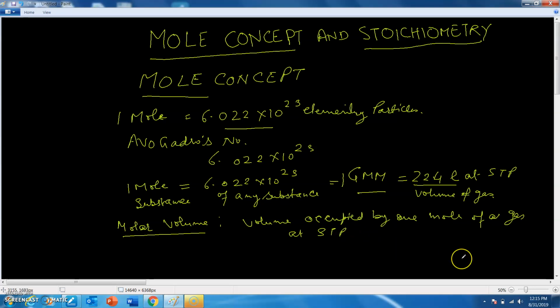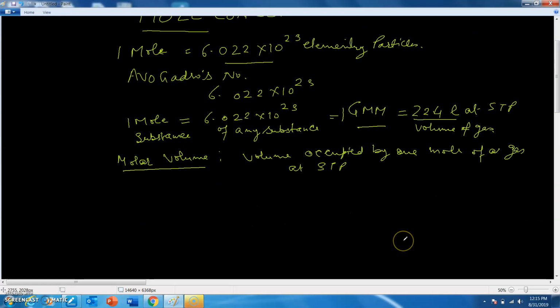These are the terms we are using while finding the molar mass in grams. So we have to know all about these terms.